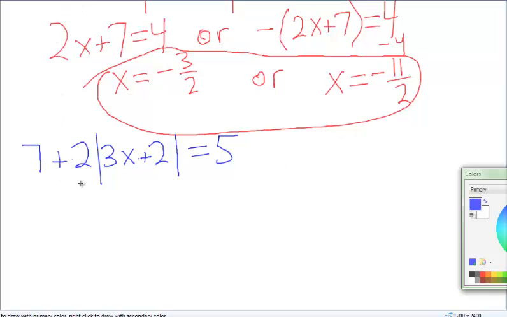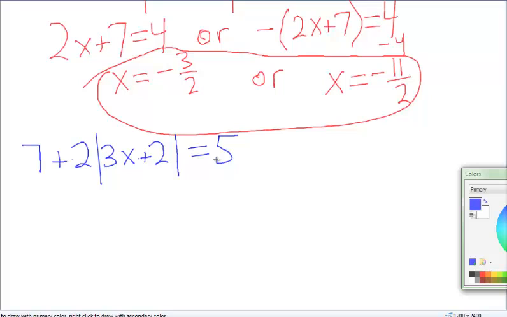What do we do first? 7 plus 2 times absolute value 3x plus 2. First of all, you cannot add 7 and 2. 2 is being multiplied here. Order of operations said we would have to do the multiplication first. We don't want to multiply that out, so first we get rid of the 7.